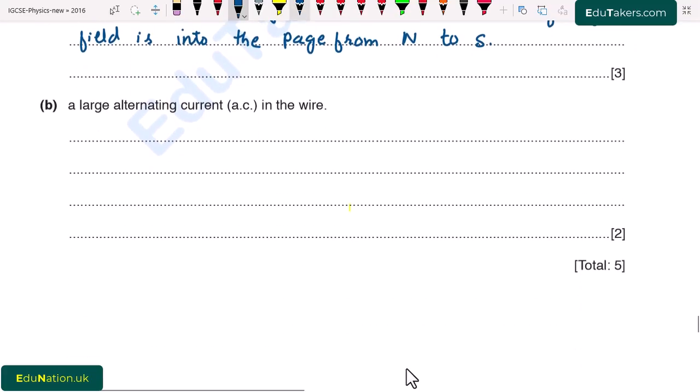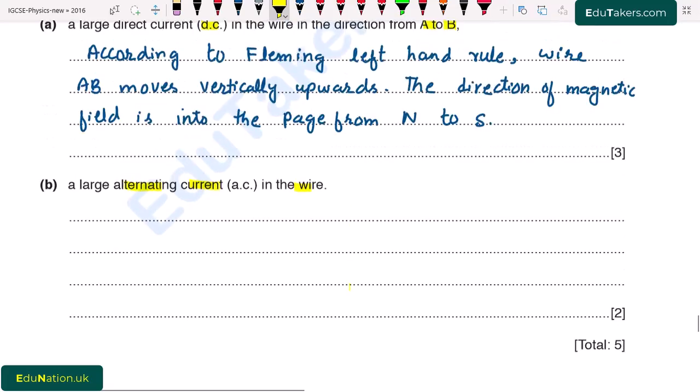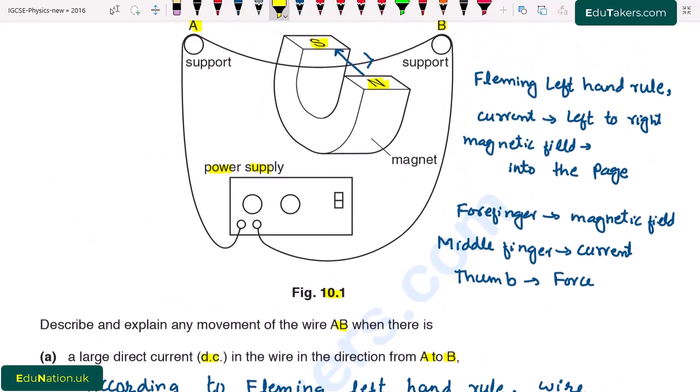Part B, a large alternating current, that is AC current, in the wire. So in this case, when the alternating current passes through the wire, there exists a magnetic field. So I suppose here that I have this wire and current is passing in upward direction.